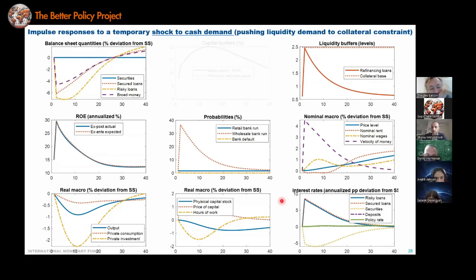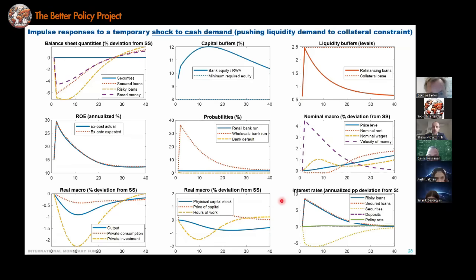And by the way, this is probably one of the weaknesses of the current version of the model, because we don't have credit rationing. We don't have banks cutting loans beyond interest rate hikes. And because interest rates increase, by definition, interest income also increases, which helps banks increase their capital buffers to somehow moderate their liquidity risk.